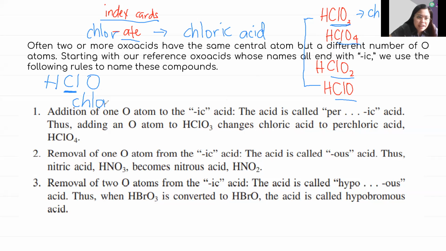So this is chlorine, but get rid of the ending and replace it with IC, and then add the word acid. That is the guideline.